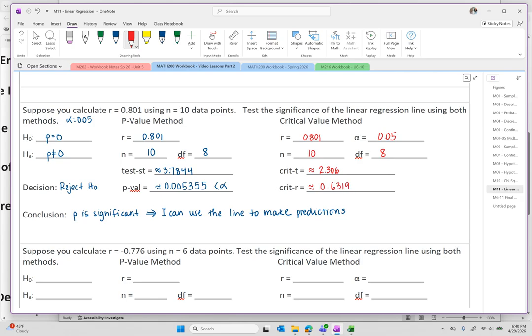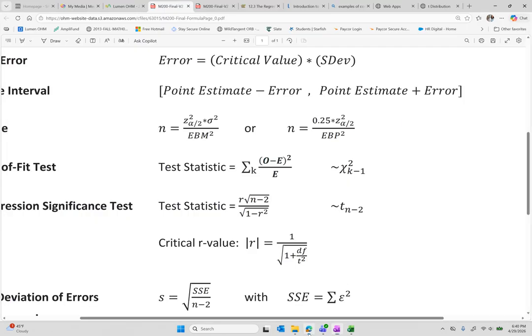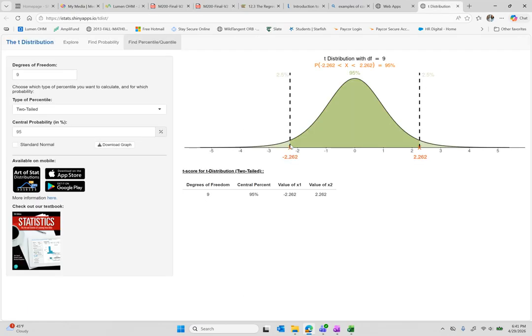And the r that I have is greater than the critical r, which means it is in the critical area. Remember that the critical t and the critical r indicate the bounds of the tails. When you find your critical t, the critical area is below the negative value of it and above the positive value of it.